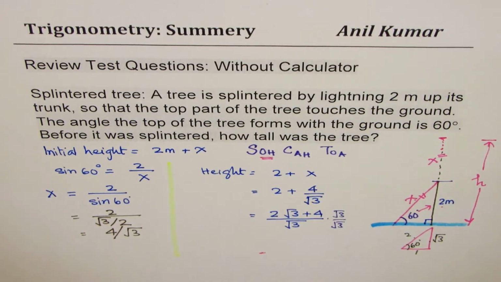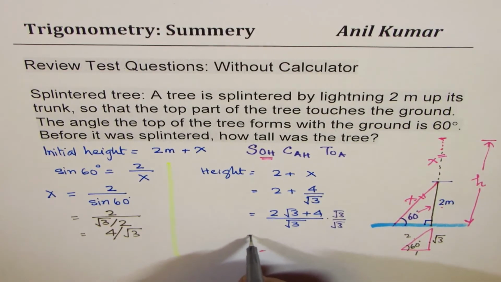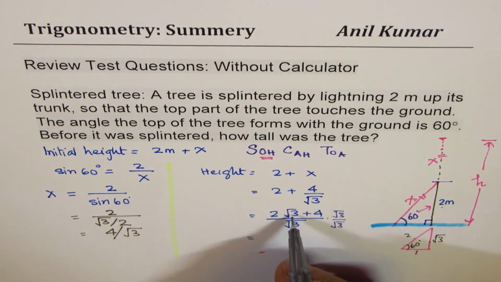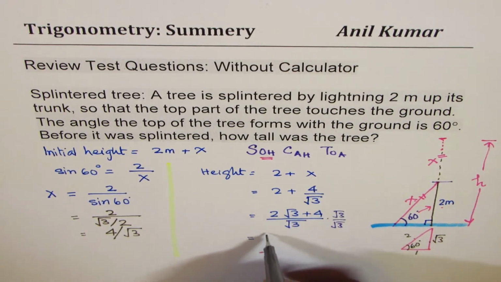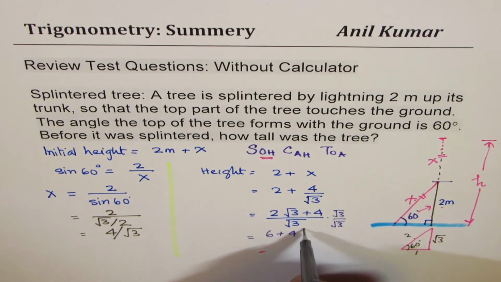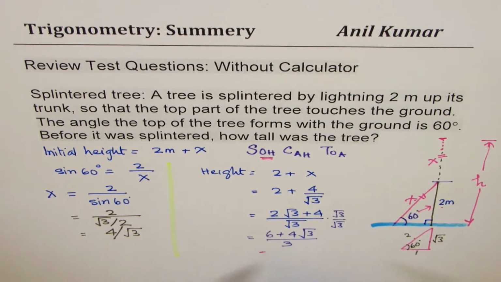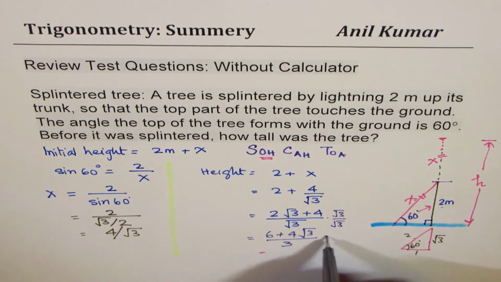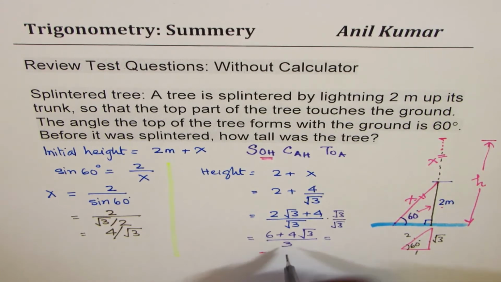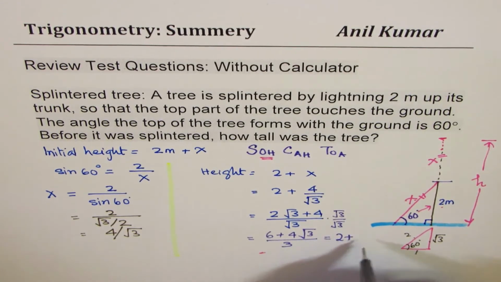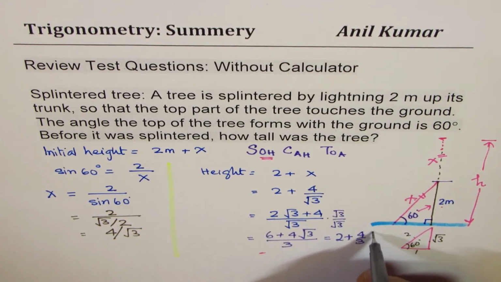In that case, let me rewrite, that becomes 3 times 2, 6 plus 4 square root 3 over 3. Do you see that? Now it could be written as 2 plus 4 over 3 square root 3.